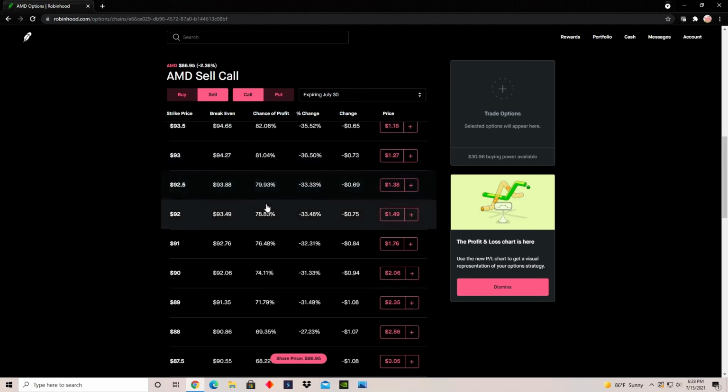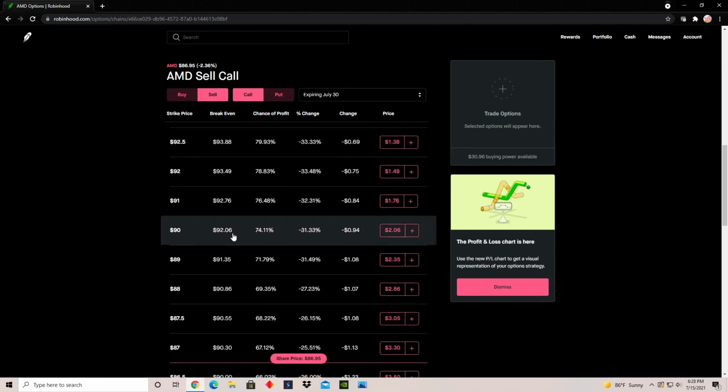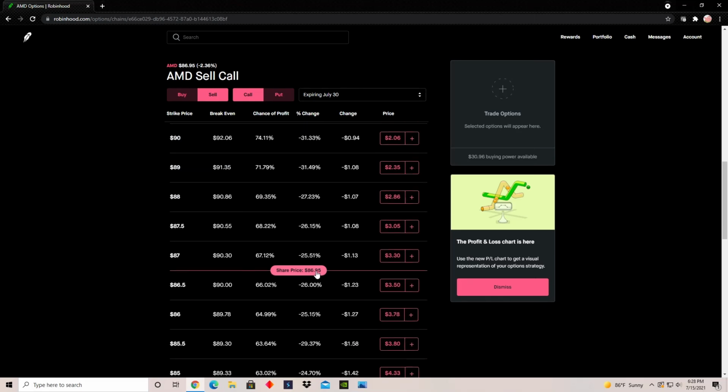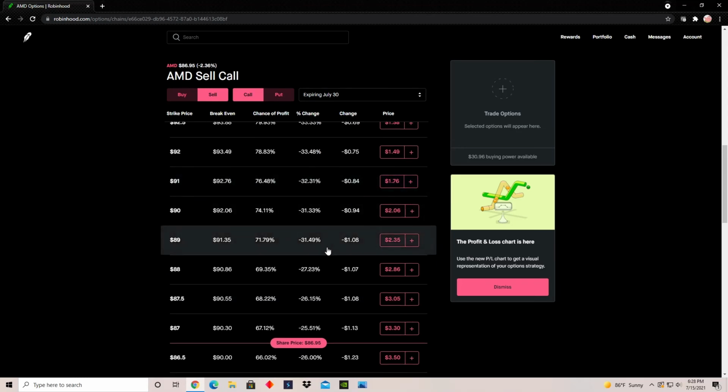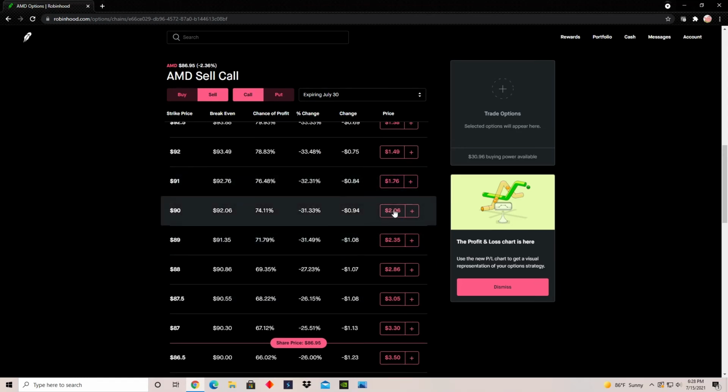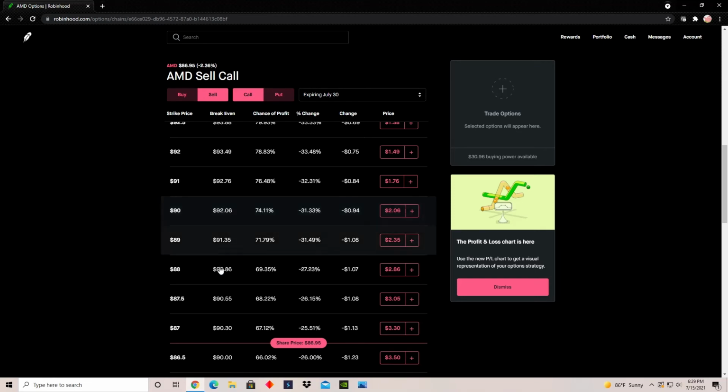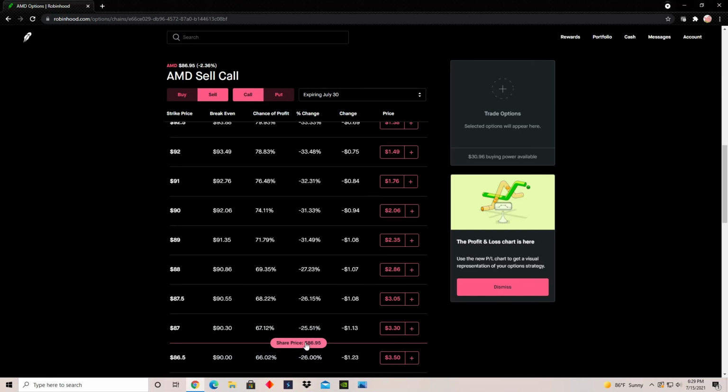But for you, you would also make money because you already have 100 shares of AMD, and let's say you had it at $86.95. If the share price rises above $90, not only do you get to keep the premium that you received for selling this options contract, but also you get to keep all of the gains that you made from the increasing share price of $86.95 to $90.